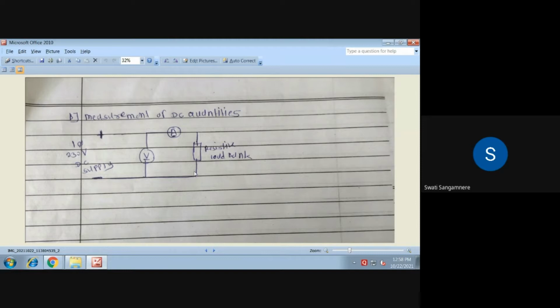The load bank second terminal is connected to the range terminal of this voltmeter, and the range terminal is connected to the negative terminal of the DC supply. This completes the connection for the measurement of DC quantities, that is DC voltage and DC current.